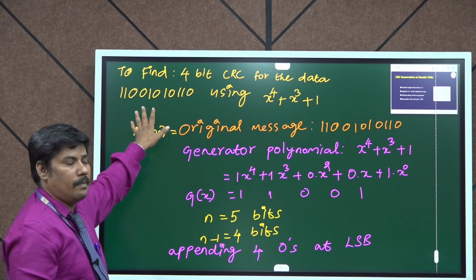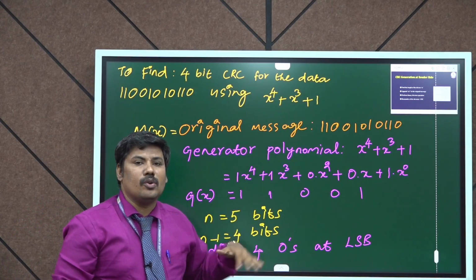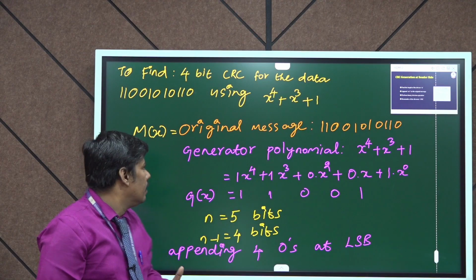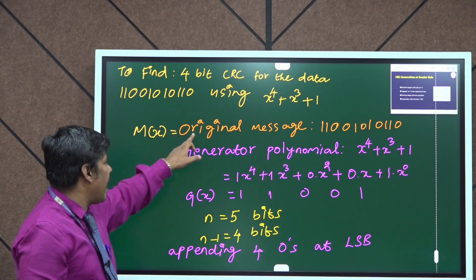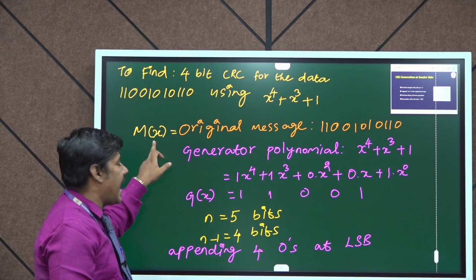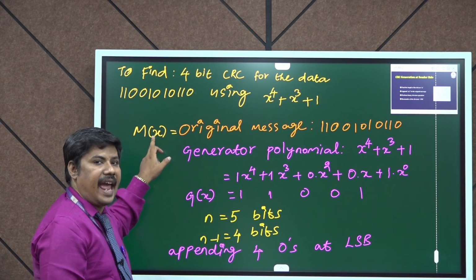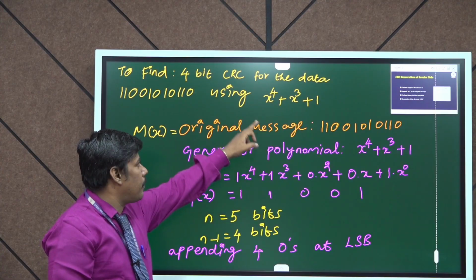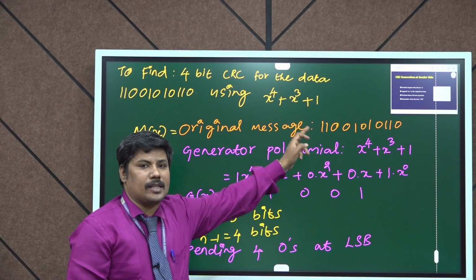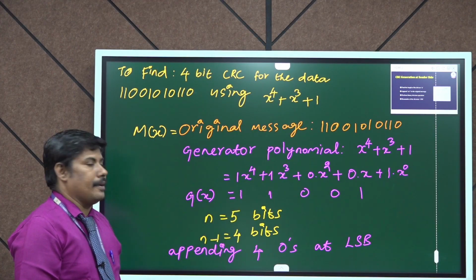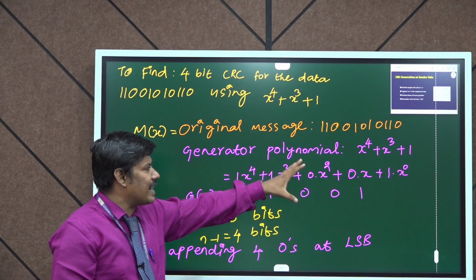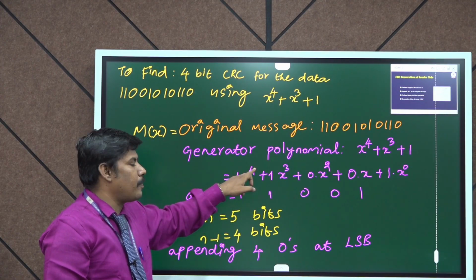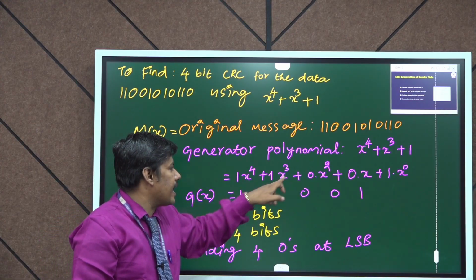That is the original message, which we need to transmit from sender to receiver. I have denoted this original message as m of x. Then the generator polynomial is x power 4 plus x cube plus 1. Here we need to extract the coefficients of x: 1 into x power 4 plus 1 into x cube.